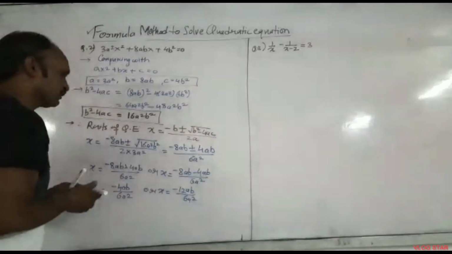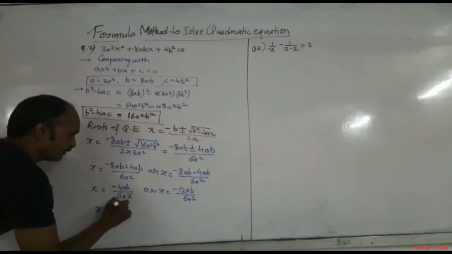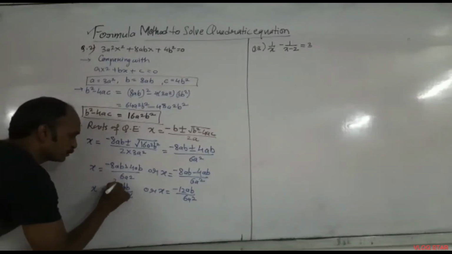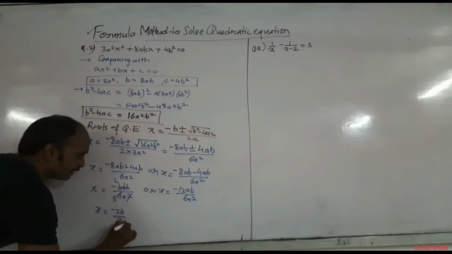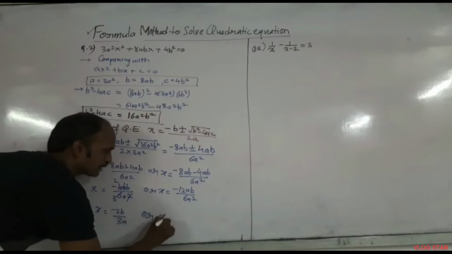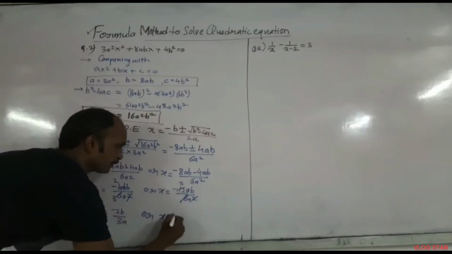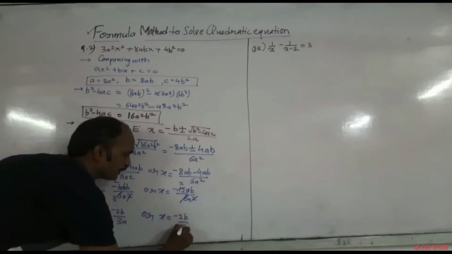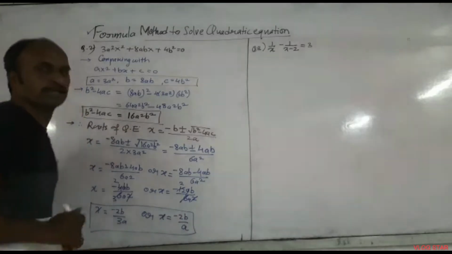Obviously we can simplify this. x is equal to, a will cancel with a, this is 2 and this is 3, so −2b upon 3a, or x can be, 6 twos are 12, this is 1, −2b upon a. So these are the two roots of the given quadratic equation.